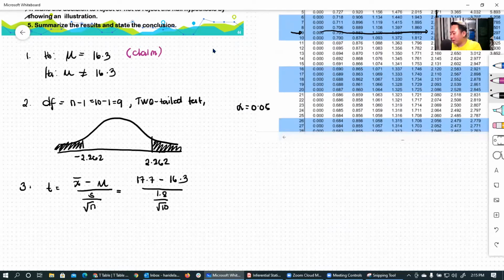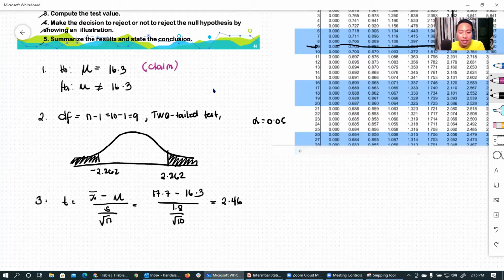Let me grab my calculator and simplify it: 17.7 minus 16.3 over 1.8 over square root of 10. We have 2.46.